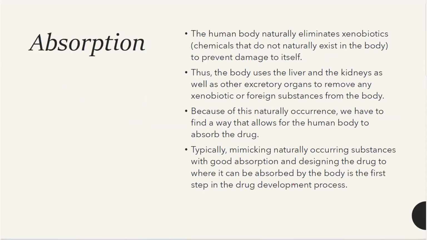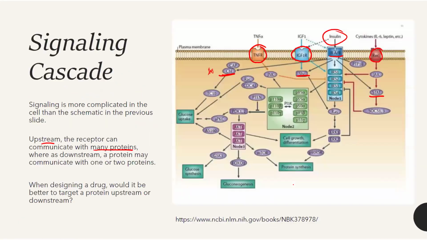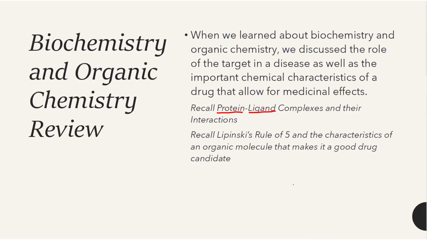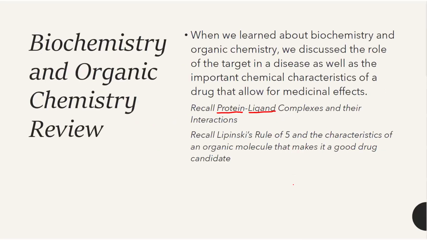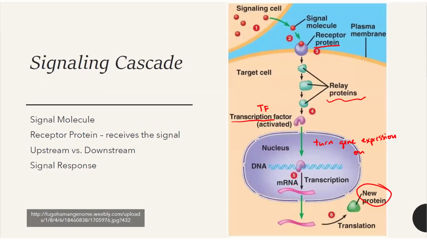So the first thing that we need to talk about is absorption, but I'm going to pause from proceeding and walk back for a little bit. What I want you to understand so far is what a signaling cascade is. What are the different players?